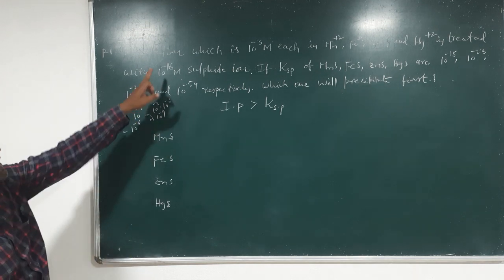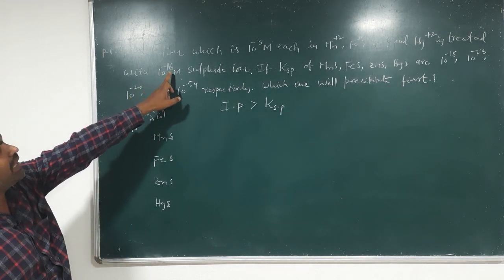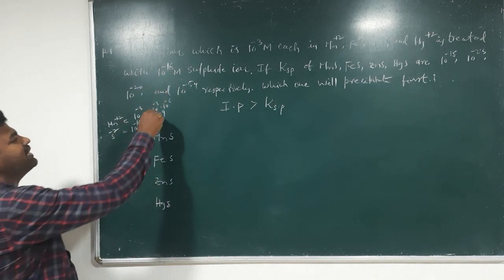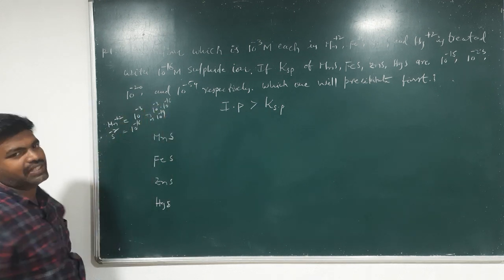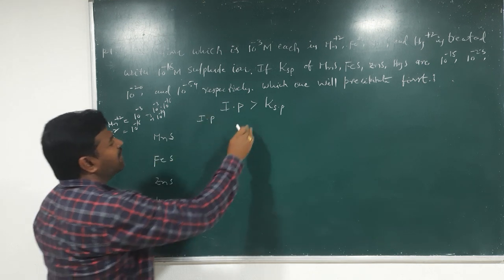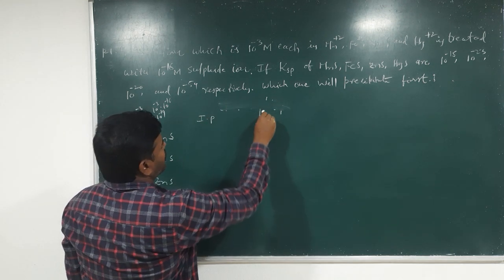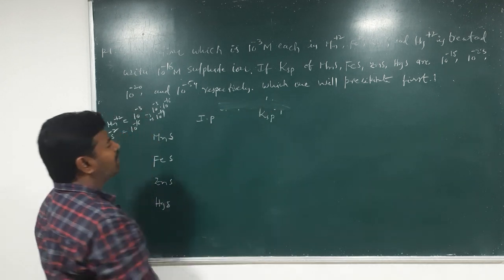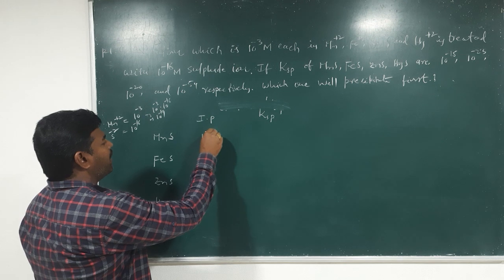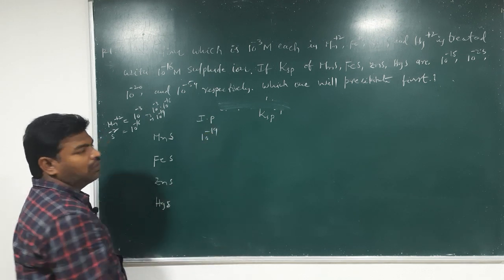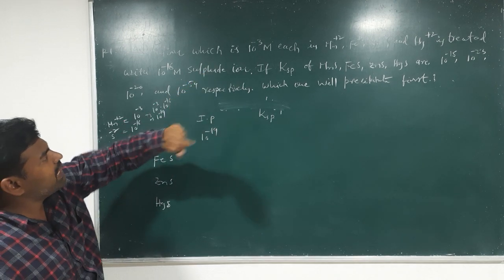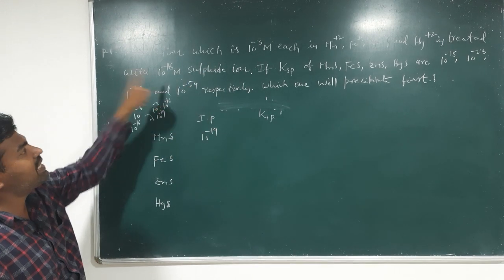Since the sulphide ion concentration is 10 power minus 16, the ionic product becomes 10 power minus 19. For manganese sulphide, the ionic product comes out to be 10 power minus 19, because the concentration of Mn plus 2 is 10 power minus 3 and sulphide ion concentration is 10 power minus 16.